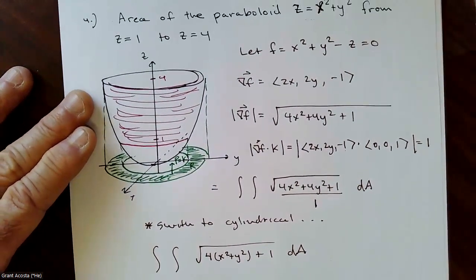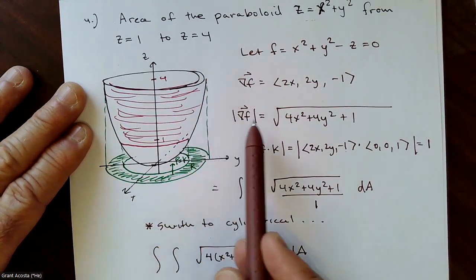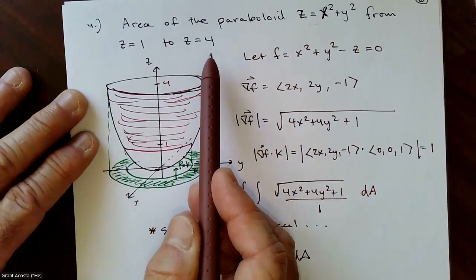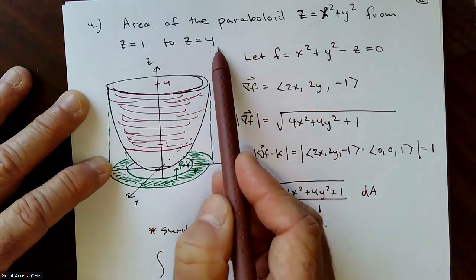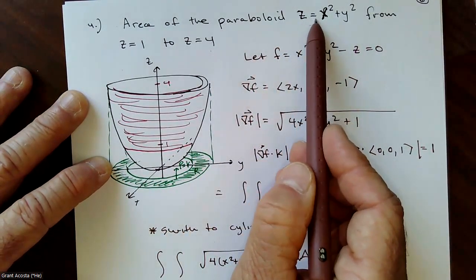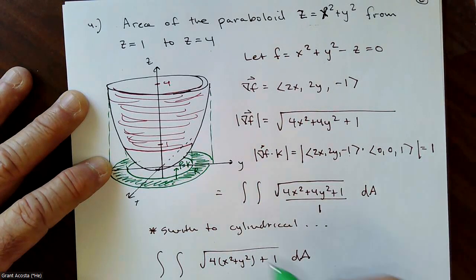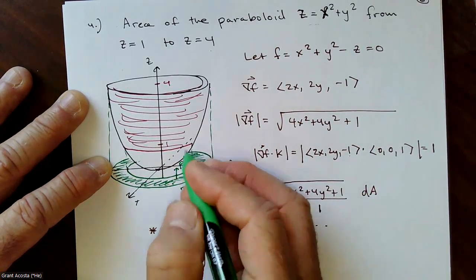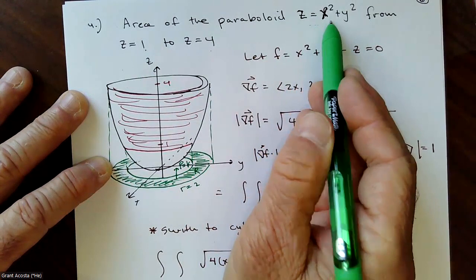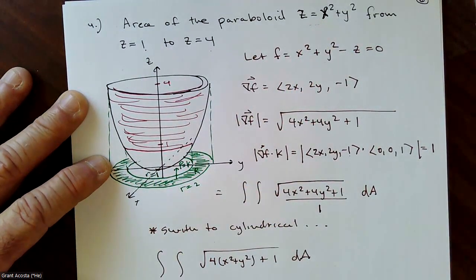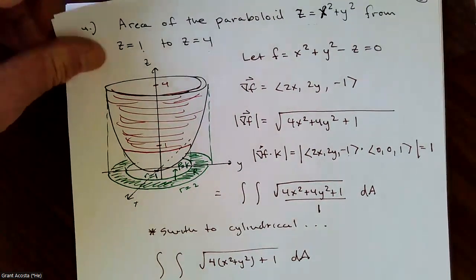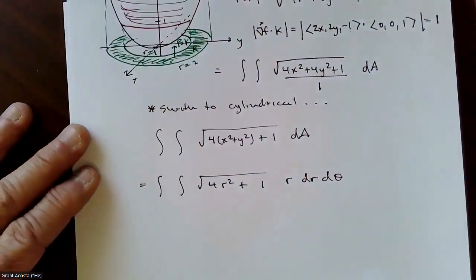Oh, I never did find the radius. If you set 4 equal to z, that's your upper bound on your circle, that's going to give you a circle with a radius of 2. So the outside circle has a radius of 2, and if you set 1 equal to z, you get an inside radius of 1. So the concentric circles have radii of 1 and 2.